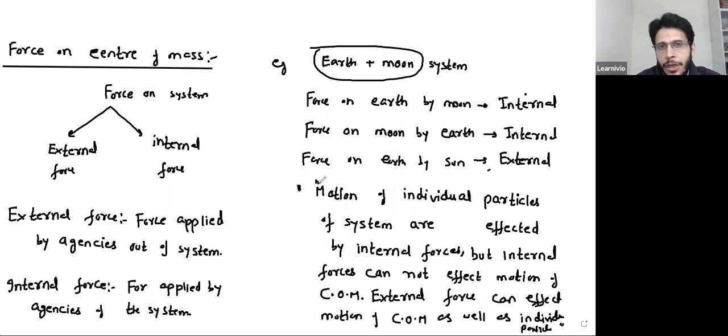First of all, for a numerical, you have to define your system. After defining your system, you will decide the internal and external forces acting on the system. The internal forces can change the momentum of individual particles. That means motion of individual particles can change, but not the motion or the momentum of center of mass.